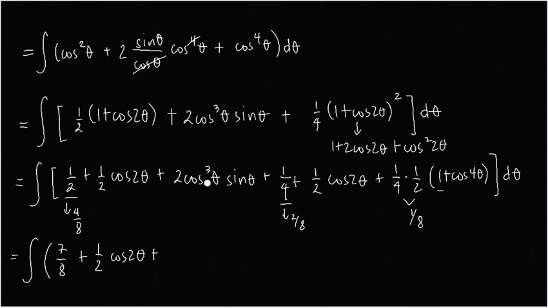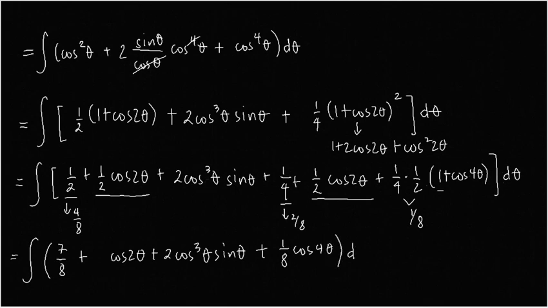Then, this will be plus 2 cosine cube of theta sine of theta. Plus, or wait lang. May 1/2 cosine of 2 theta rito, and then meron din 1/2 cosine of 2 theta rito. So, 1/2 plus 1/2 is actually 1. So, tanggalin na natin siya rito. And then, plus 1/8 cosine of 4 theta d theta.